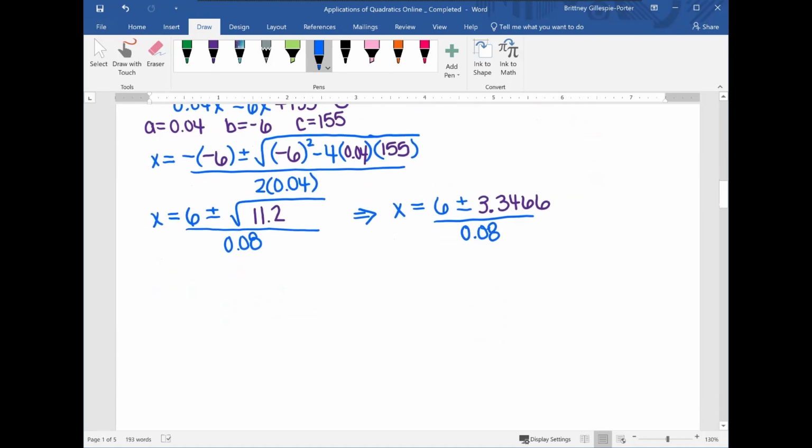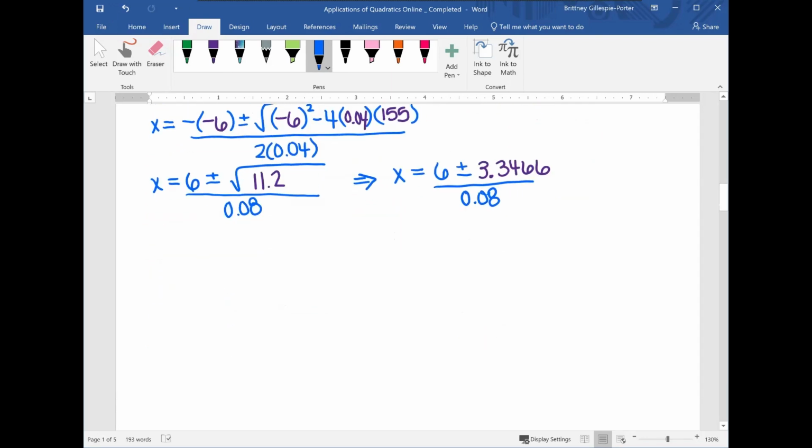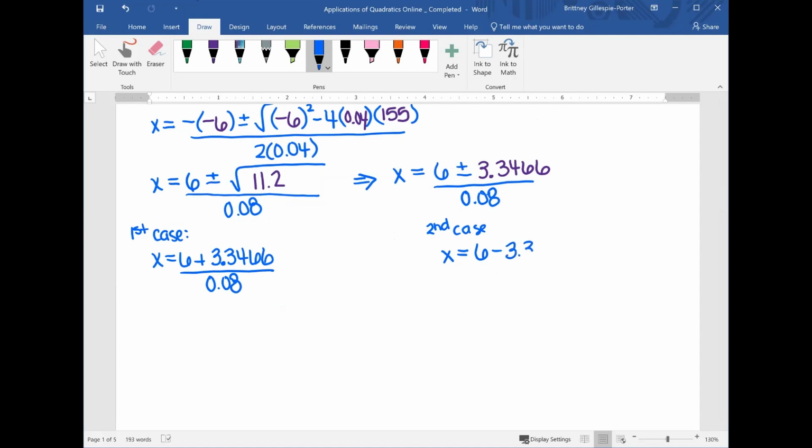We need to break this up into our two separate answers. So our first case, or first possible answer I should say, we would have x is equal to 6 plus 3.3466 all over 0.08. And then our second case is x equal to 6 minus 3.3466 all over 0.08.